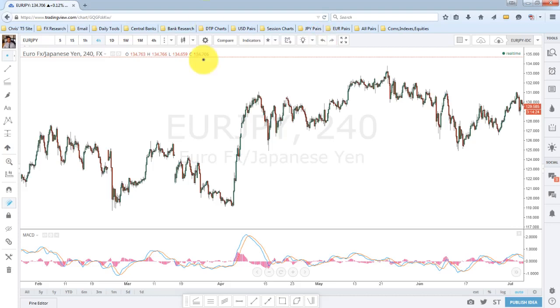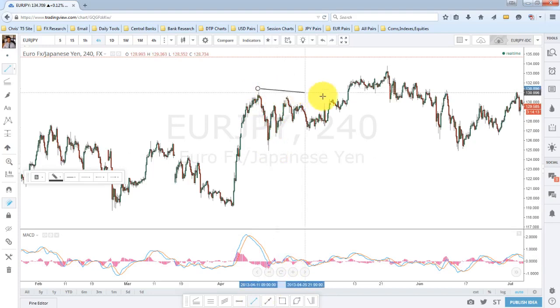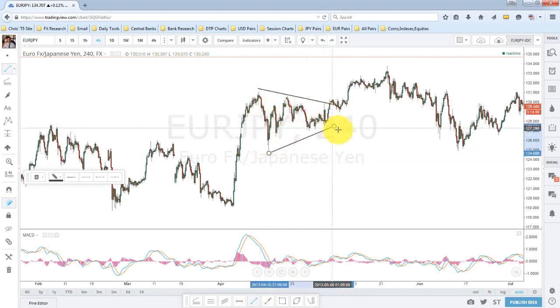Here's the euro dollar Japanese yen pair, and right here you can see a triangle. This is a regular contracting triangle. I'm just going to draw this so we can see it. Here's that triangle consolidation.